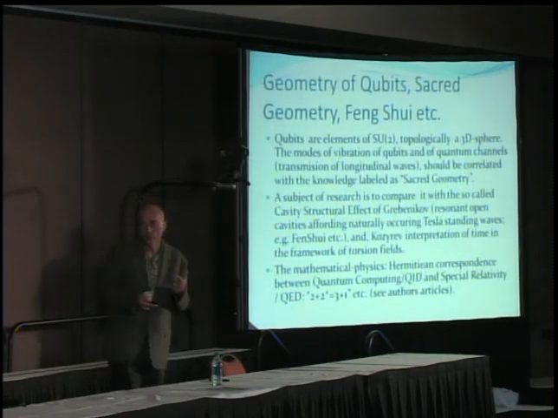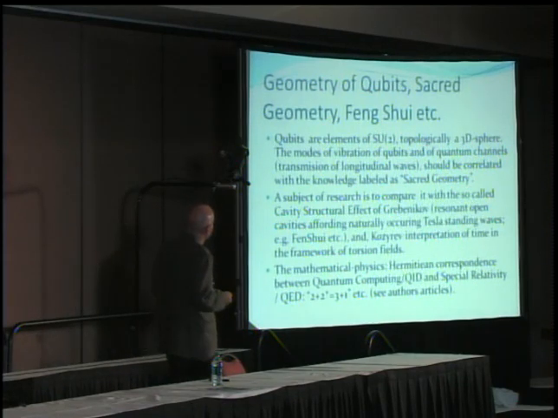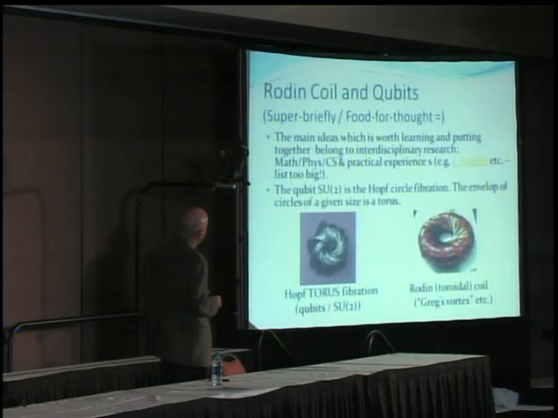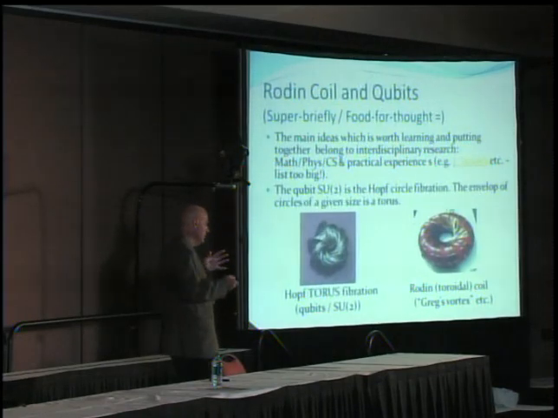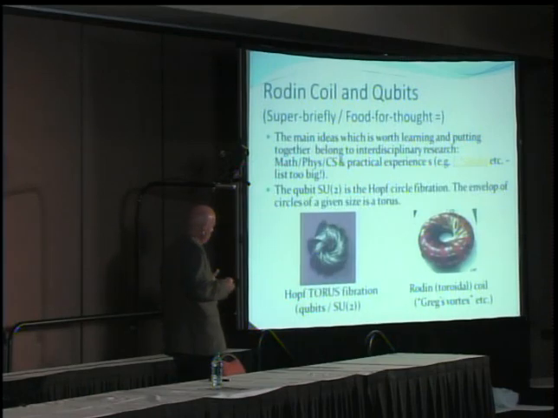There's not enough time to talk about the Rodin coil at this point, so I'll just mention that the qubit mathematically is like a three-dimensional sphere, which is hard to see. But if you take the phase out of it, then what's left is a two-dimensional sphere, the so-called Bloch sphere.